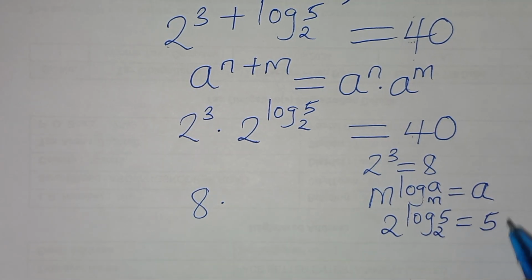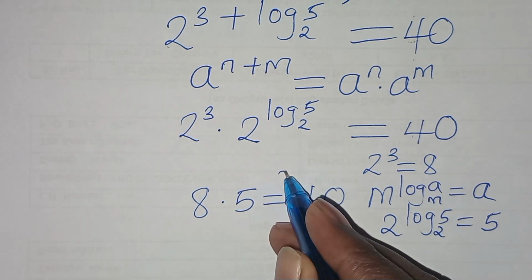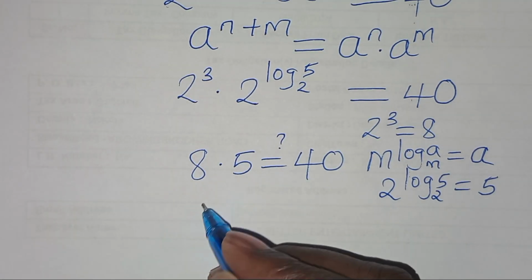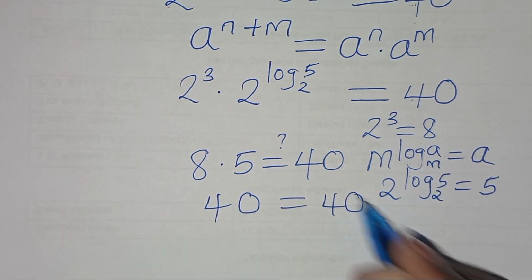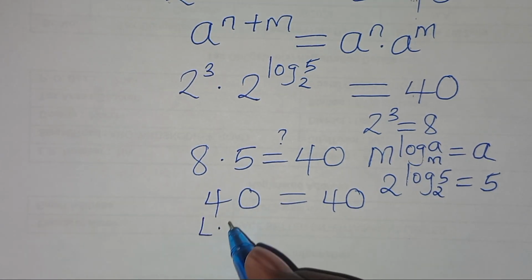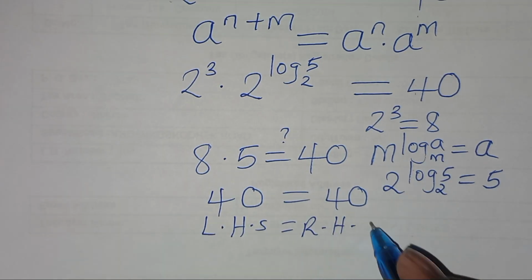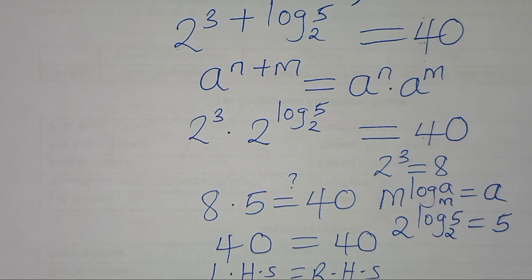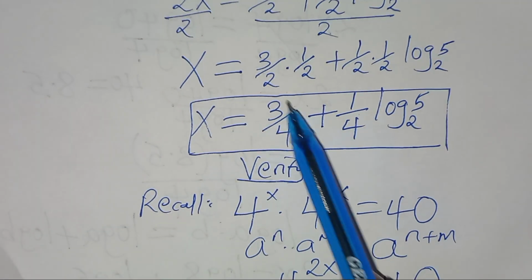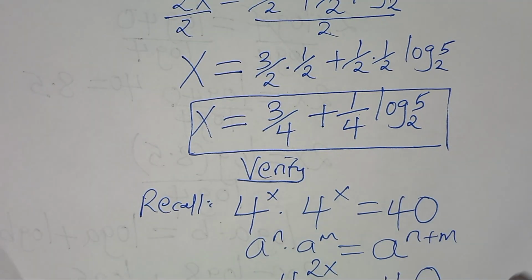So let's substitute this 5 here. 8 times 5 is actually equal to 40, and this is equal to 40. So that implies that the left hand side is equal to the right hand side. And therefore, the value of x, which is equal to 3 over 4 plus 1 over 4 log 5 to base 2, actually satisfies the equation.